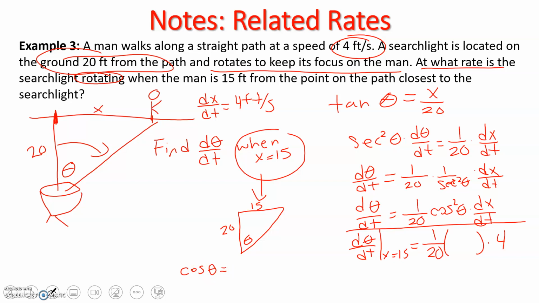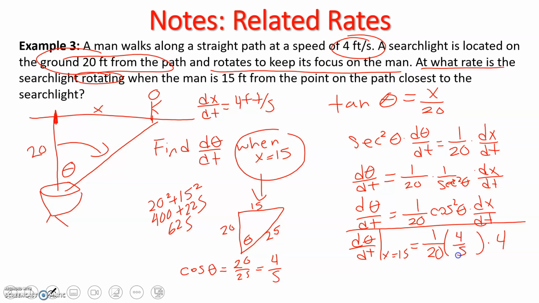Well, if we have the legs of the triangle, we can write the hypotenuse. So we know 20 squared plus 15 squared is equal to our missing side squared. So we have 400 plus 225 is 625. If we square root that, we get that the missing side is 25. So cosine of theta, which is adjacent over hypotenuse, is 20 over 25, or 4/5.